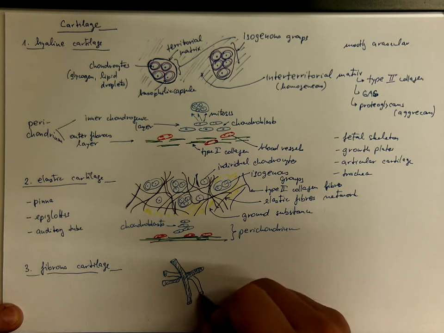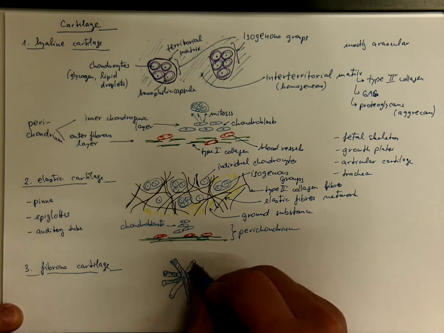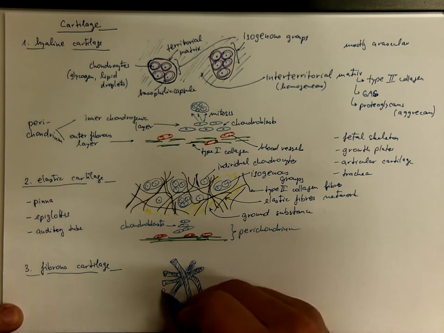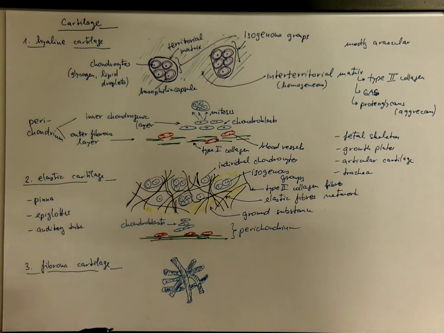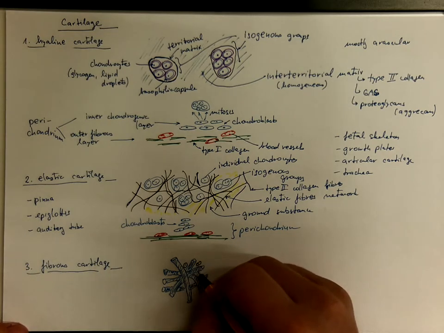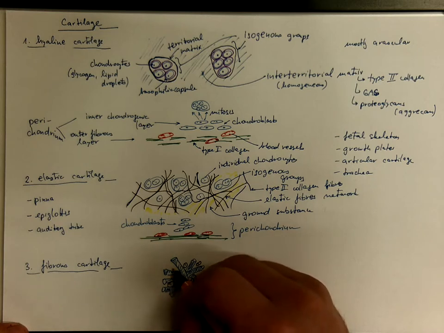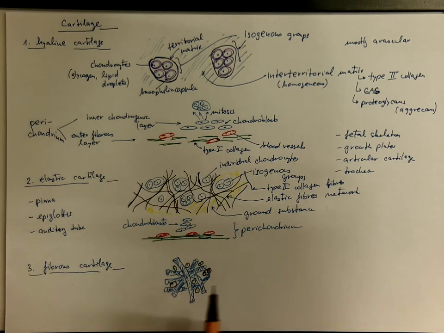So they form a highly complex network, making the cartilage resistant both in compression as well as in stretching. The cells of the cartilage, the chondrocytes, are mostly scattered as individual cells in the gaps, and only exceptionally you can find small isogenous groups. Most of the cells are individual.